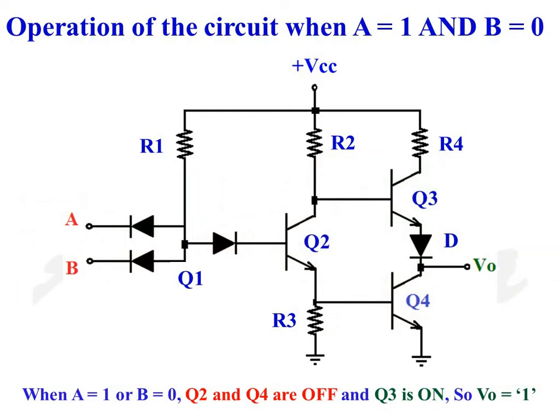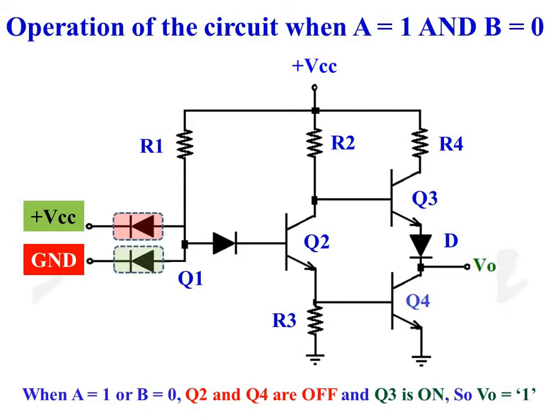Next input combination is A is equal to 1 and B is equal to 0. When A is equal to 1 and B is equal to 0, the base emitter junction of transistor Q1, which is shown in red color, is reverse biased, but the base emitter junction of transistor Q1, which is shown in green color, is forward biased.